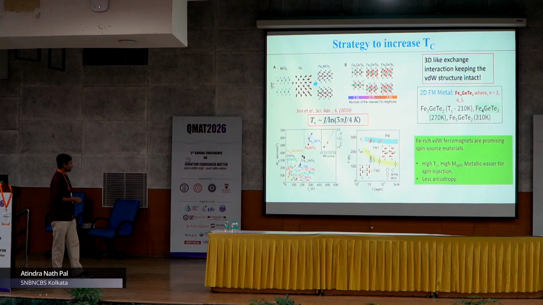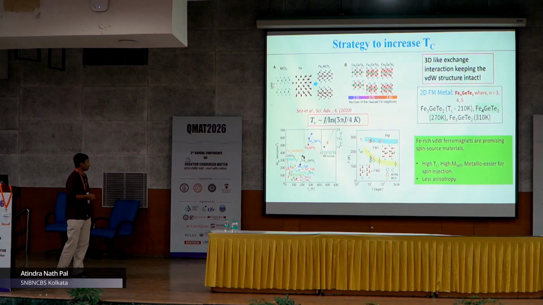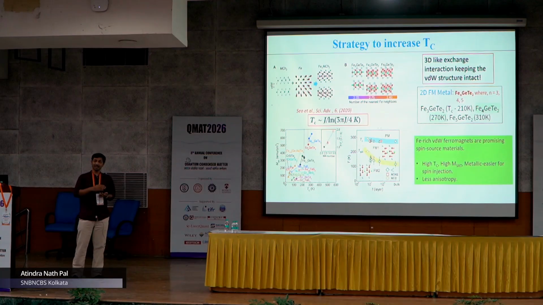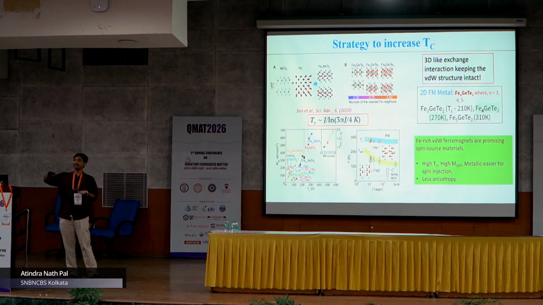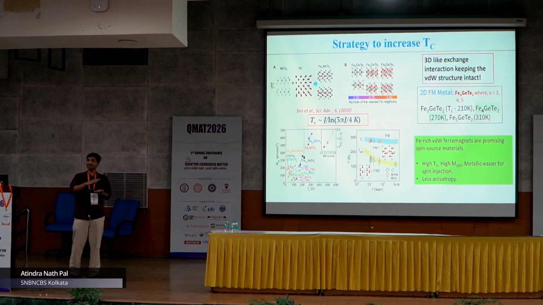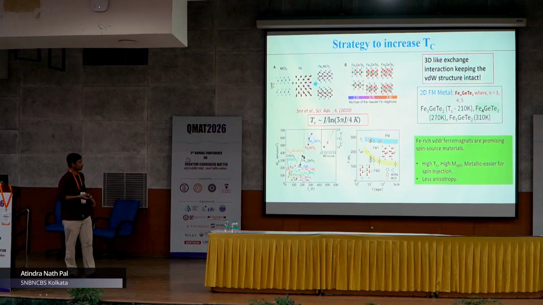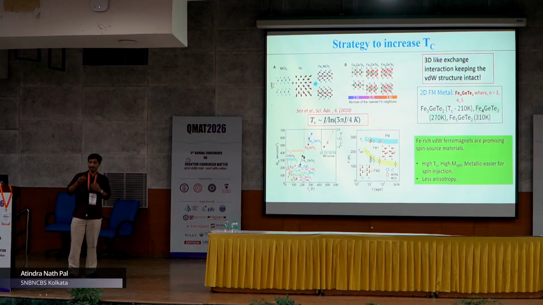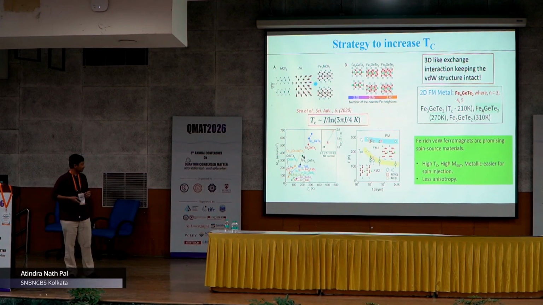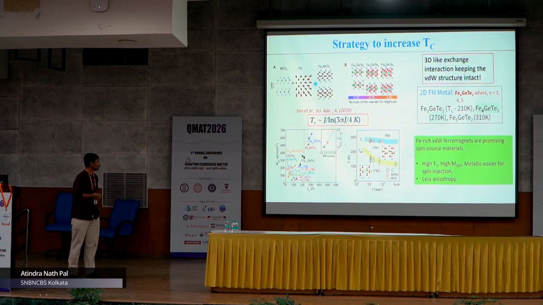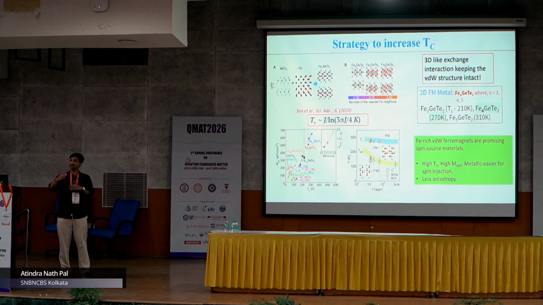Another interesting property of this van der Waals material is that you can reduce the thickness, think about different kinds of devices, and study various phenomena, like how the anisotropy changes.